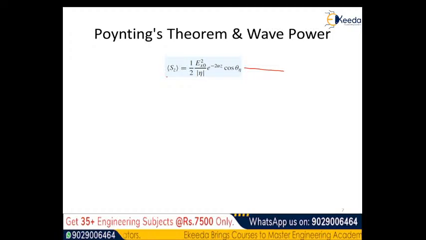Average power density is equal to 1 by 2 Ex0 squared divided by mod of eta, and this ratio is multiplied to e to the power minus 2 alpha z into cosine of theta suffix eta here. So this particular power density will be attenuating at the rate denoted by e to the power minus twice alpha z. So alpha is the attenuation constant here.